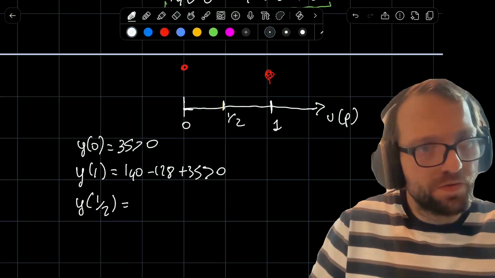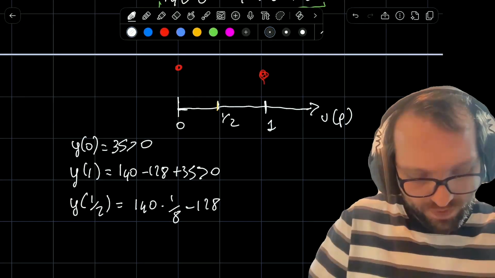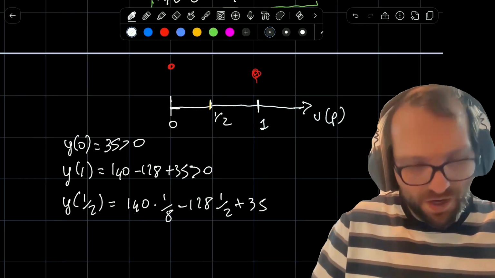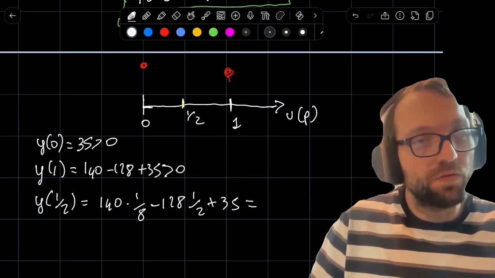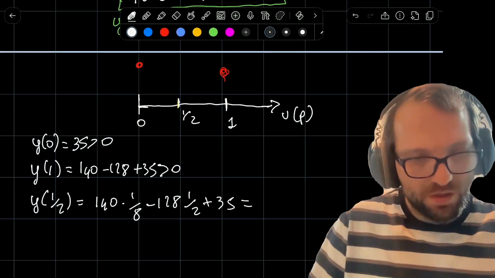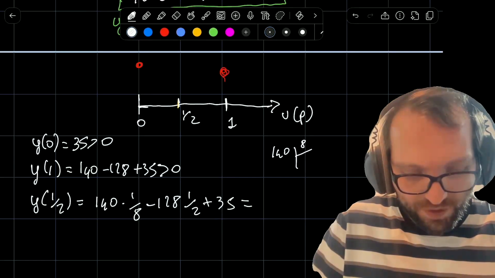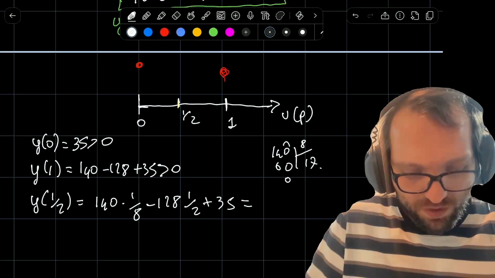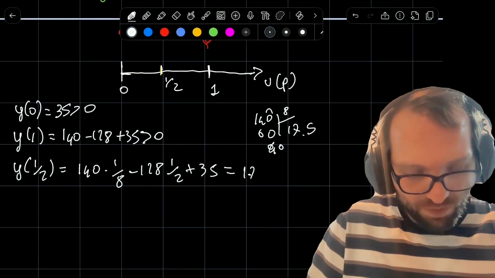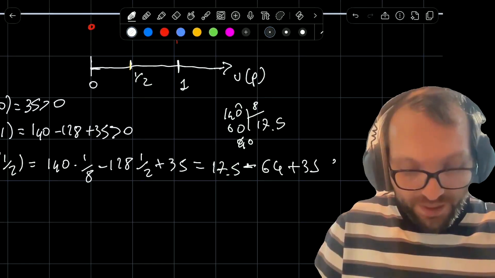We're going to have 130 multiplied by 1/8, minus 128 over 2, plus 35. 130 divided by 8 is, let me check, okay, 17.5 minus 64 plus 35, and this is below 0.